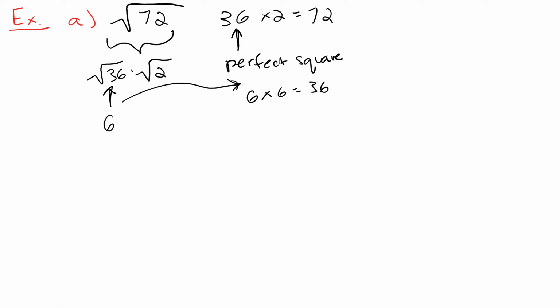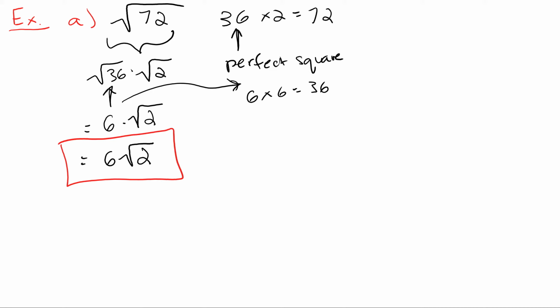This should be common knowledge by grade 11 that 6 times 6 is indeed 36. And then we're going to keep that multiplied by root 2 because we can't break down root 2 into anything else simpler. And then our answer is going to be the mixed radical of 6 root 2. I'm going to box it off, and that is the final answer for this example.